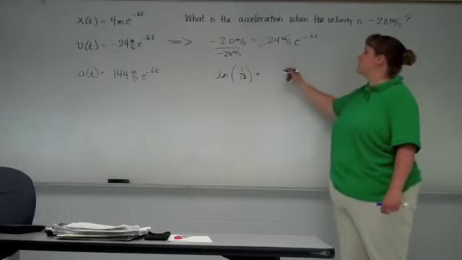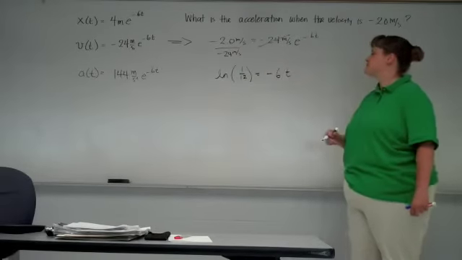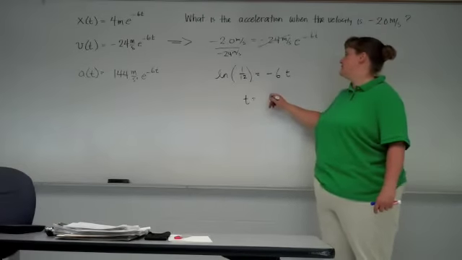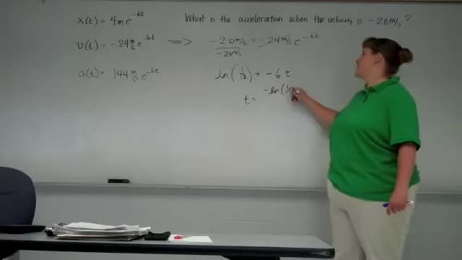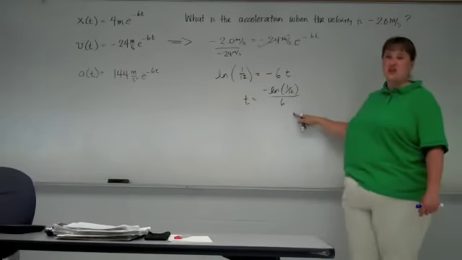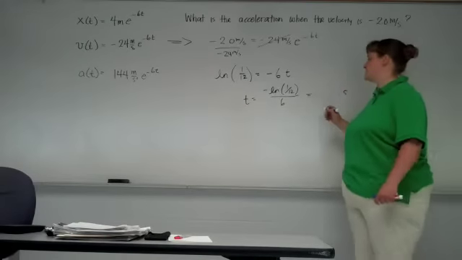Those cancel. That leaves us with negative 6t. So t will be negative natural log of 1/12 over 6. Remember the 6 had units of 1 over seconds? So this is going to give us units of seconds.